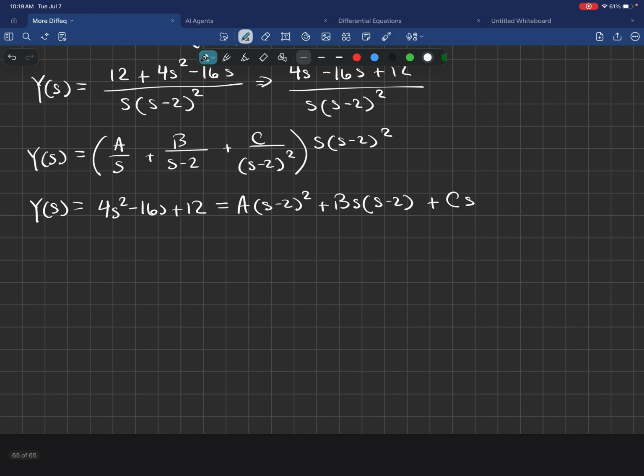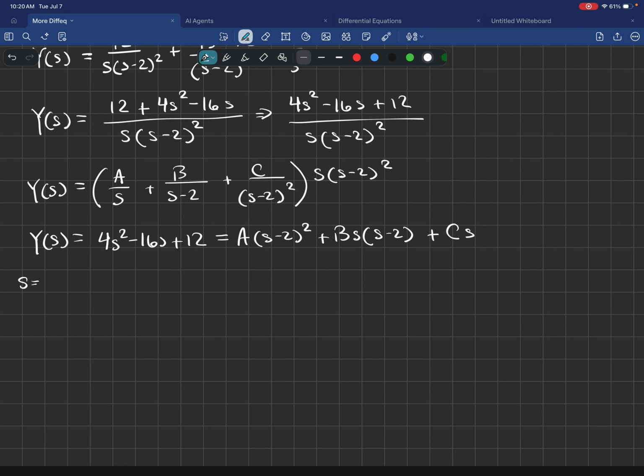So if we set s equal to 0, what happens? Well, we're left with, so if we set s equal to 0, this cancels, this drops to 0.